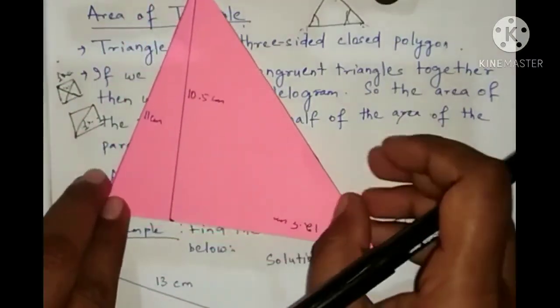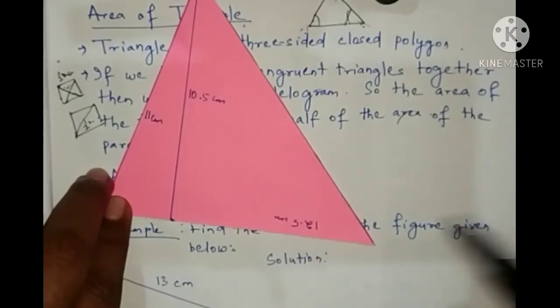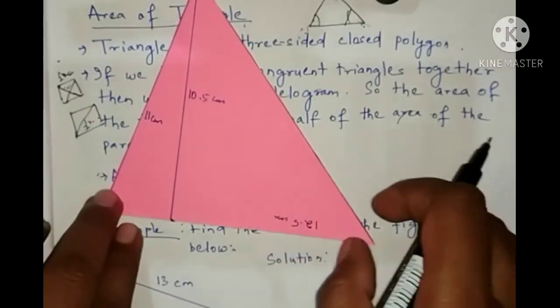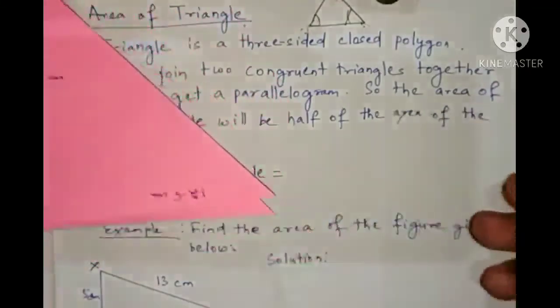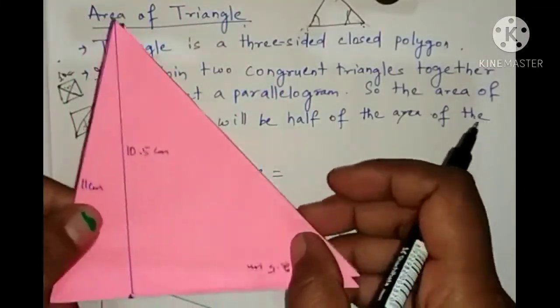So they are equal. That time we will say this is a congruent triangle. So how can we find the area of this triangle?